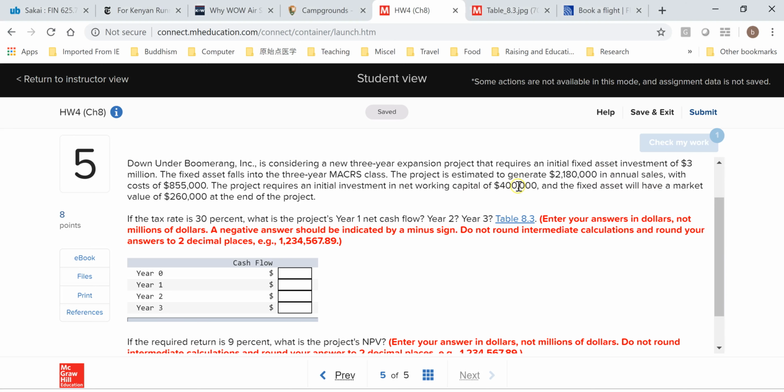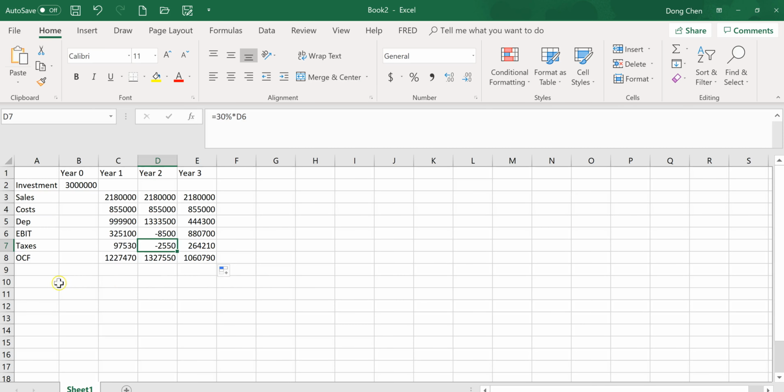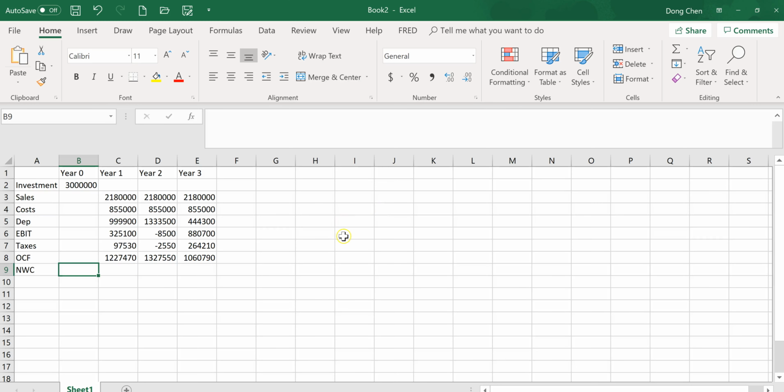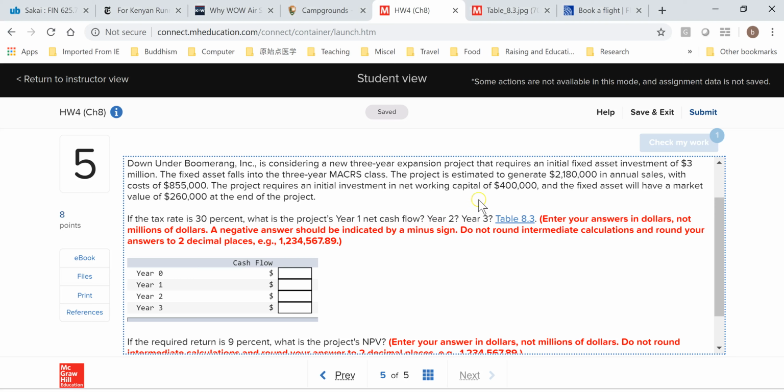So we first consider the net working capital. So NWC, the question mentioned that the project requires an initial investment in net working capital of $400,000. So it's 400,000, and it doesn't say anything after that.